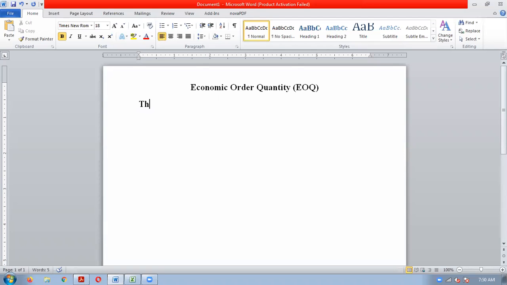The Complete Gardener is deciding on the economic order quantity. First everybody note down the question, then we will discuss it.